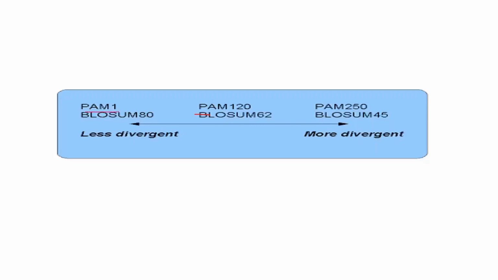When you go for a lower PAM matrix like PAM 1 or a higher BLOSUM matrix, that is BLOSUM 80 or more, it means your sequences are less divergent, very close to each other.